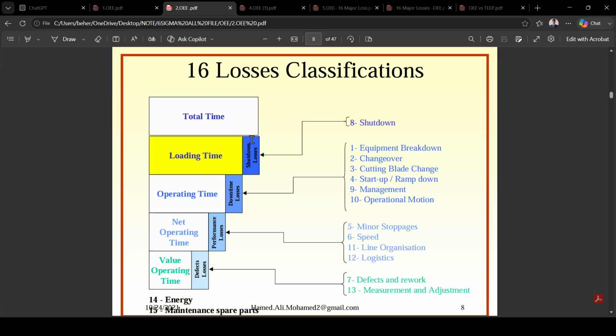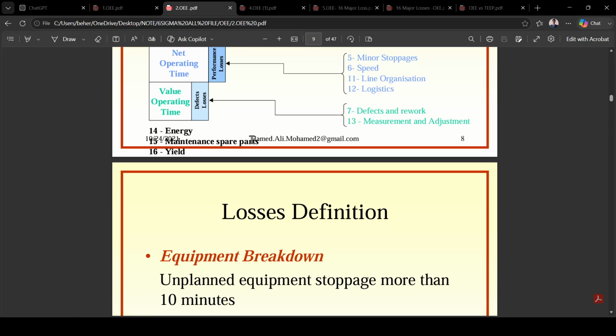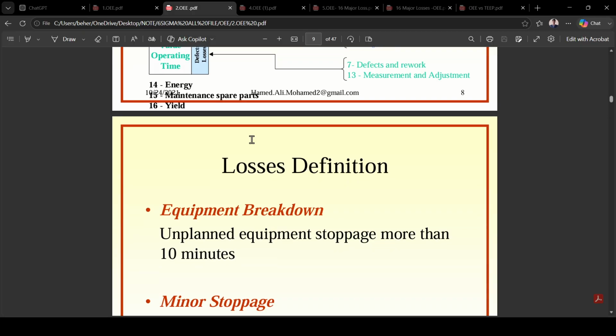Total time and loading time, shutdown, the operating time, equipment breakdown, changeover, cutting blade change, setup, management, operation, motion, etc. Net operating time, minor stoppages, speed, line organization, logistics, value operating time, defects and rework, measurement or adjustment. And 14 was energy, 15 was maintenance and spare parts, and 16 was yield.